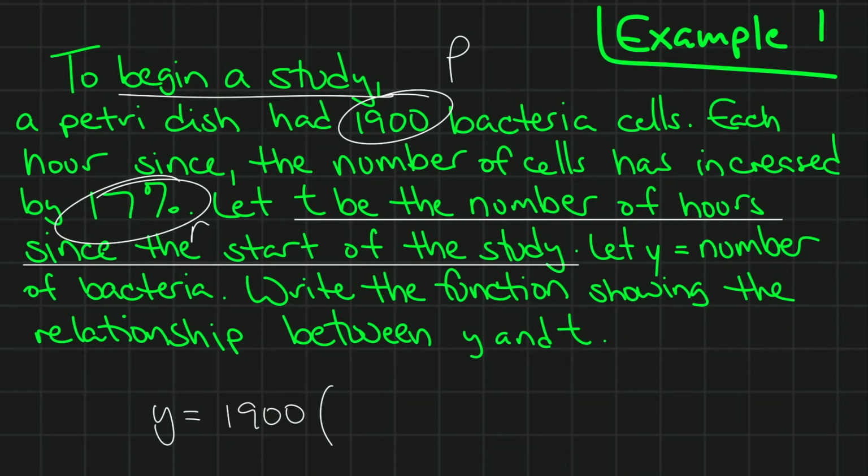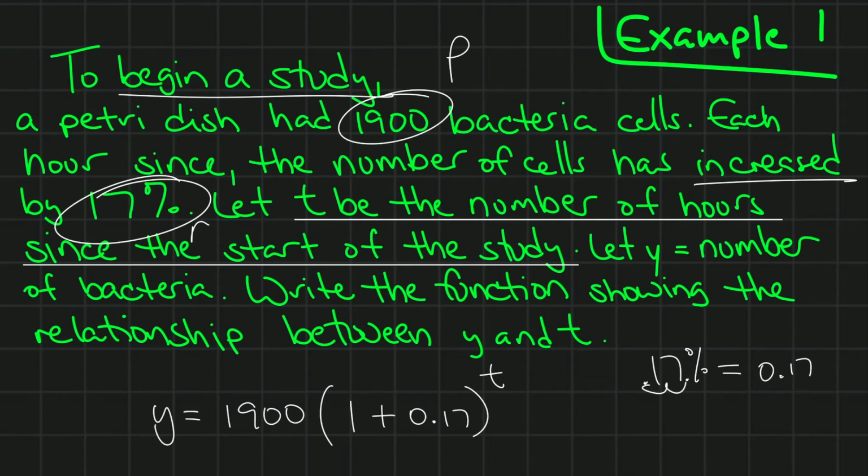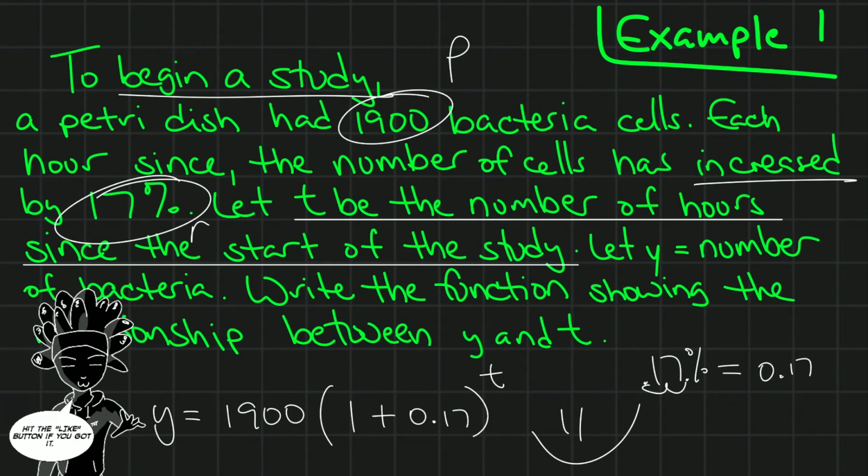It says it increased, so it's going to be 1 plus 17%. 17% as a decimal: we take our decimal point, move it 2 spots, so it's equal to 0.17. And then time is T. And that's it. That's how we express our relationship.